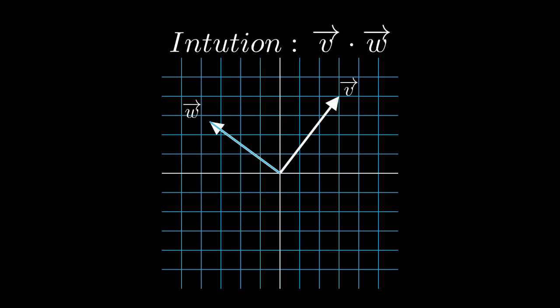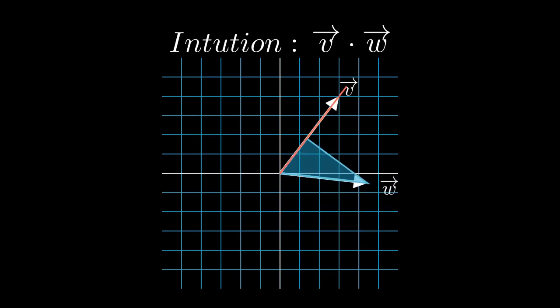It's 0, in fact, when there's nothing in common. As we move further, the value becomes negative until we get the exact opposite value for the vector. And then if we keep moving the vector, we get another point where the vector dot product is 0, and the vectors have nothing in common.